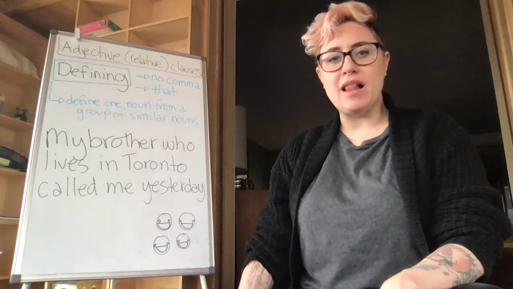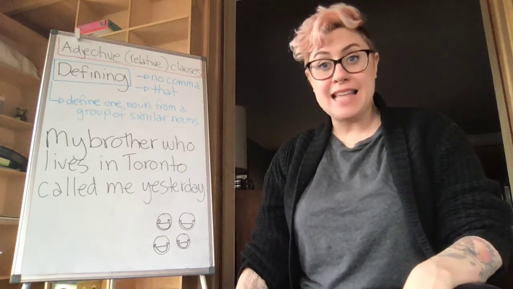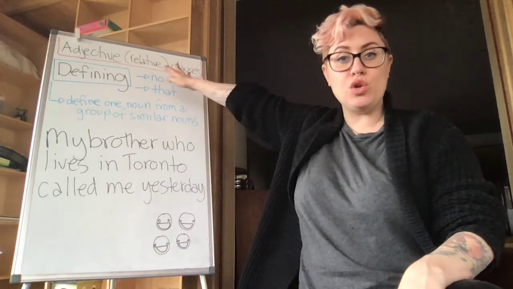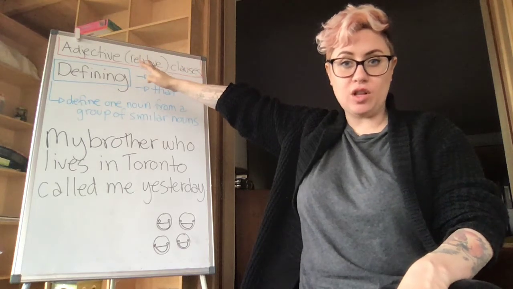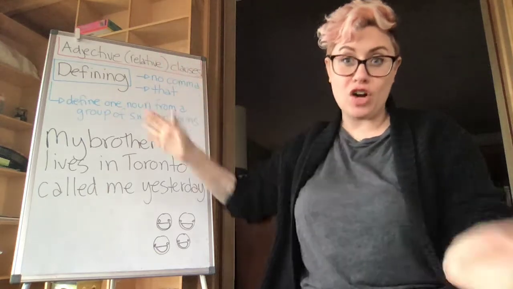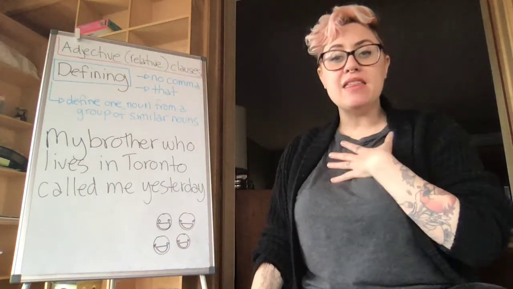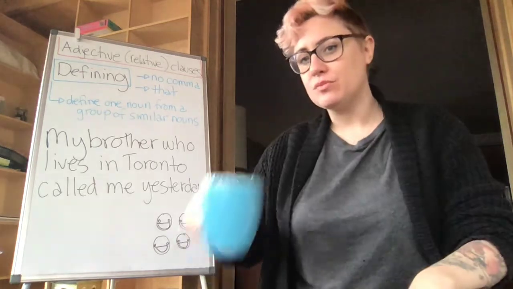But some people call them relative clauses. You will hear both. So on your exam, they might ask you to identify some relative clauses or some adjective clauses. Please be prepared to understand that both of those things are the same thing. But I think I will call them adjective clauses because I think that's easier.